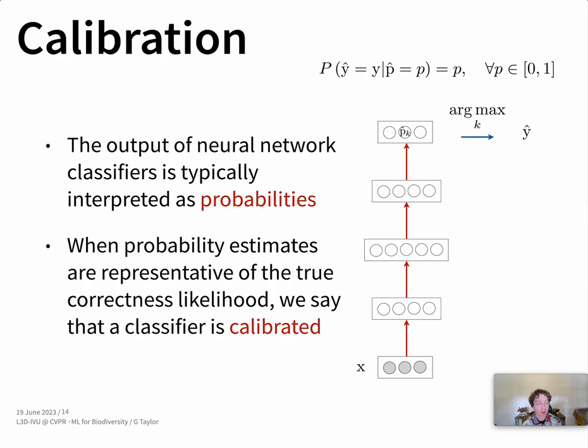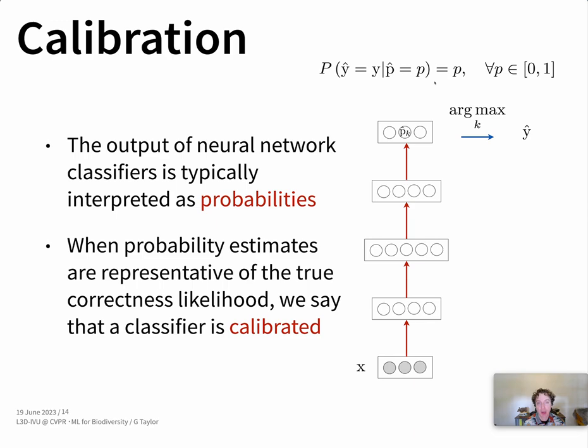Now, the other problem I talked about is calibration of neural networks. We often interpret the output of neural network classifiers as probabilities. For example, we often use softmax outputs at the very top of our networks. The notion of calibrated models is captured by this equation up here.